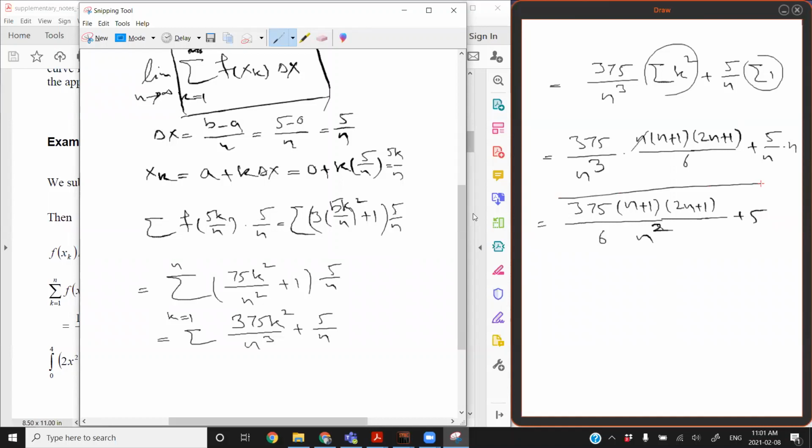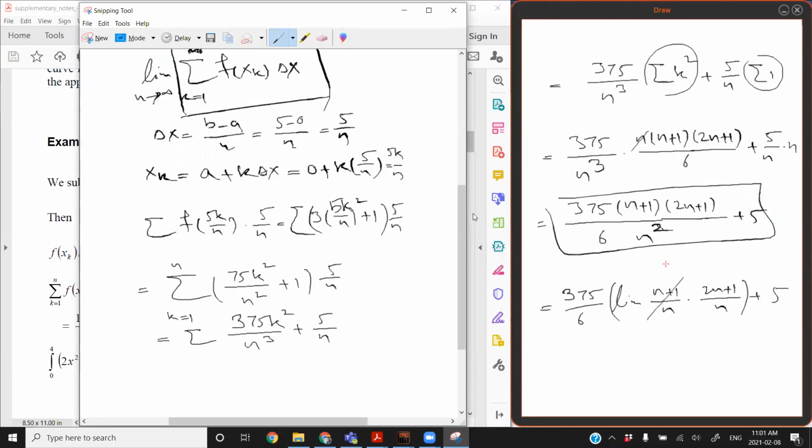And then I take the limit of this as n approaches infinity. That limit is going to be 375 over 6 times the limit of n plus 1 over n times 2n plus 1 over n, plus the limit of this part, which is just 5 because it does not depend on n.